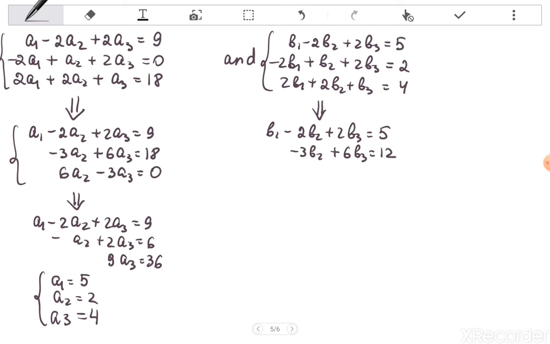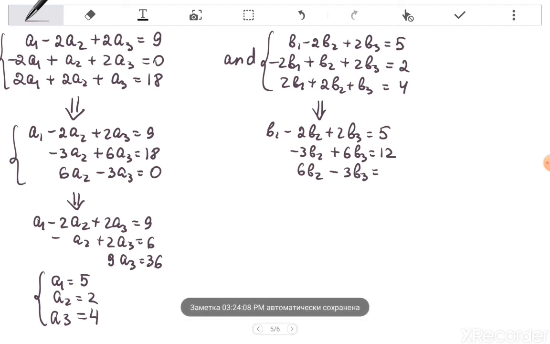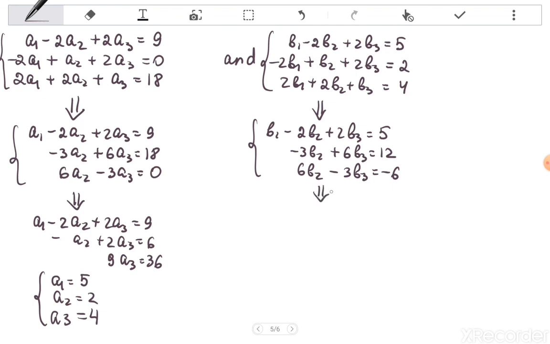Then multiply by minus 2 and add, we get the same thing here, but the difference is in here. Multiply by minus 2 is minus 10, and add, it's minus 6. So minus 3b2 plus 6b3 is 12.